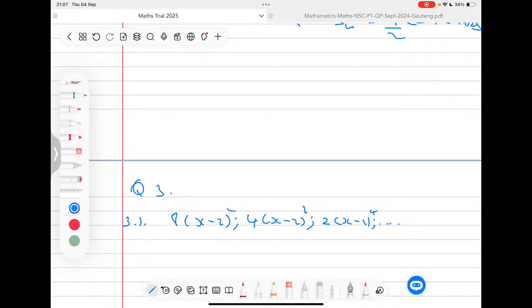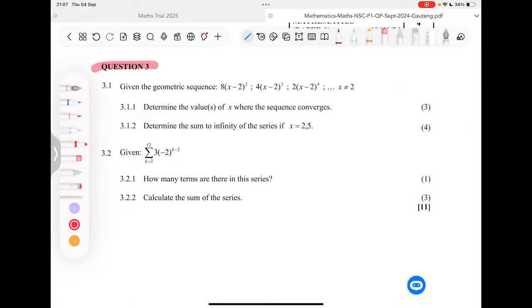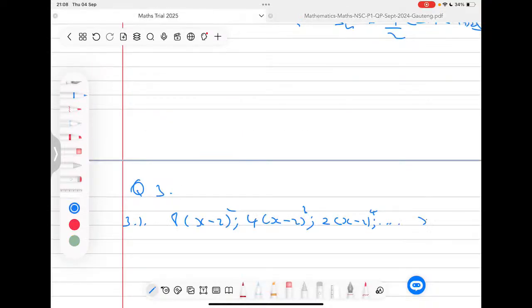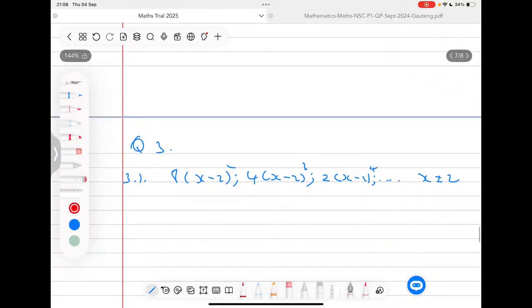And there's a condition to this. They say here to us that our x should never be equal to 2. Can any of you guess why the x should not be 2 in this case? Well, if you look at this sequence, we have the same binomial, x − 2, happening here.